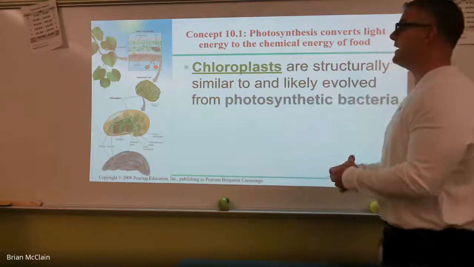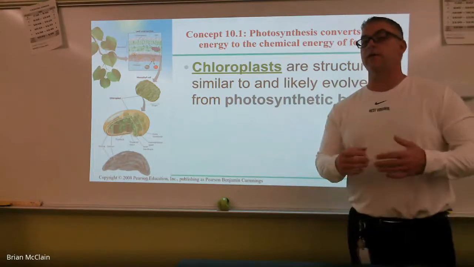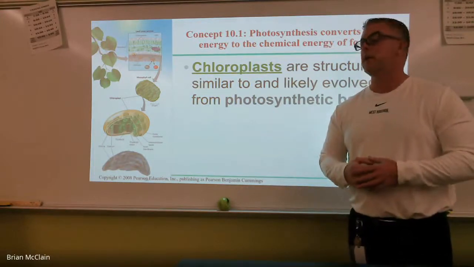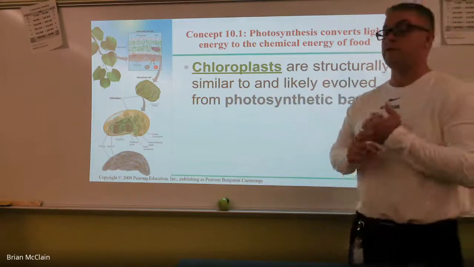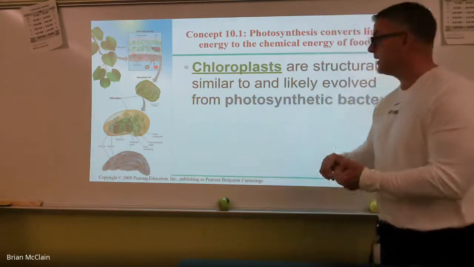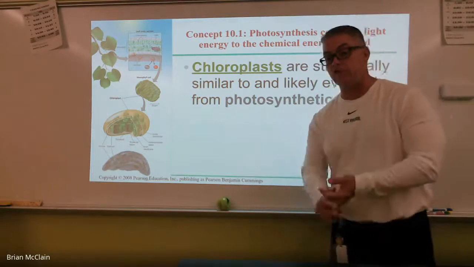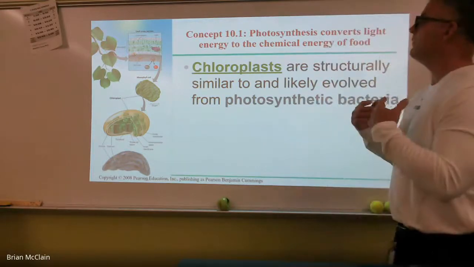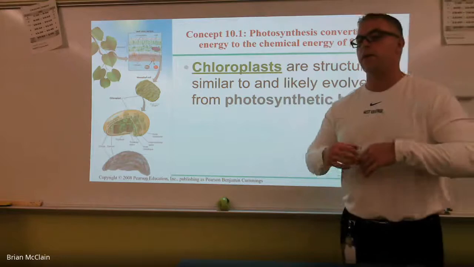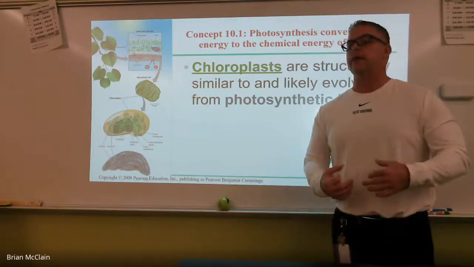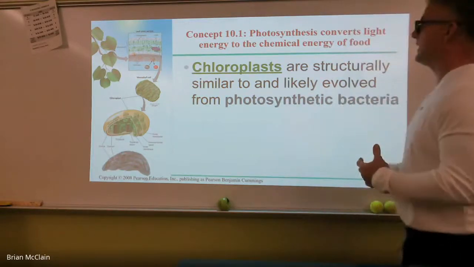When we look at the chloroplast, we see a lot of those same characteristics. They have a membrane very similar to prokaryotes, they have ribosomes, and they have their own genetic material. So this structure is another point of evidence used in the endosymbiotic theory explanation.